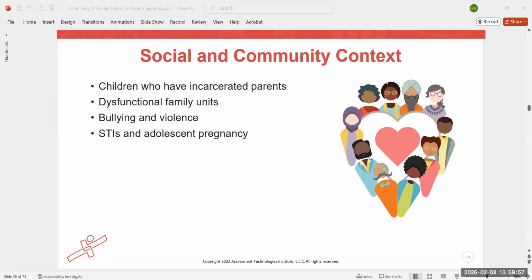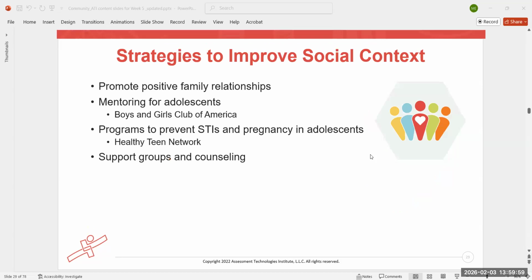So things that could be done. Find ways to help promote more positive family relationships. Find ways for mentoring, whether this be after school programs. Here's an example of the Boys and Girls Club of America.